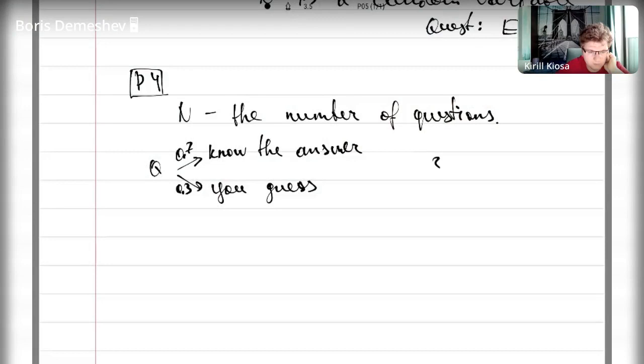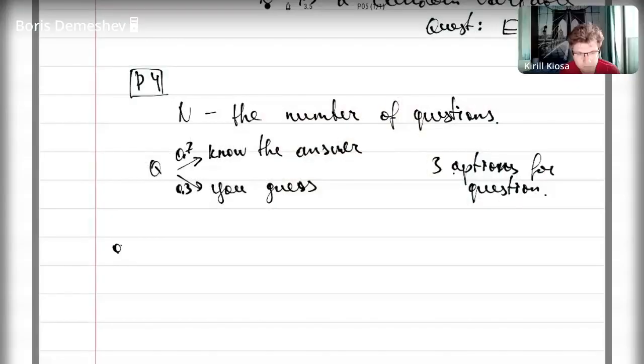Each question has 3 multiple choice options.